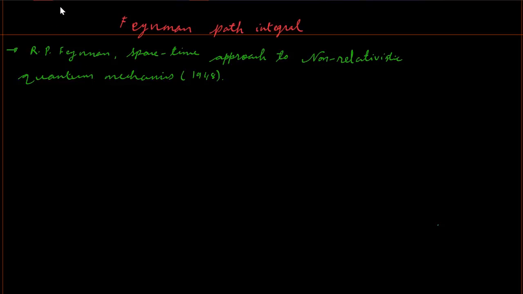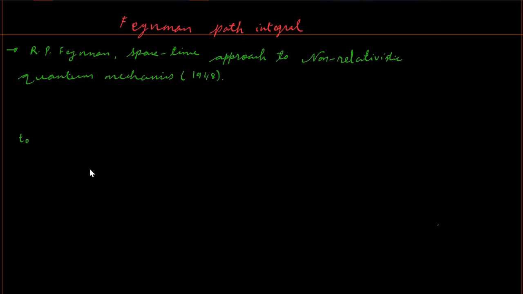Okay, so first of all, what we do is consider a quantum particle, and this quantum particle is localized at some initial moment of time t0 in the vicinity of some initial point.